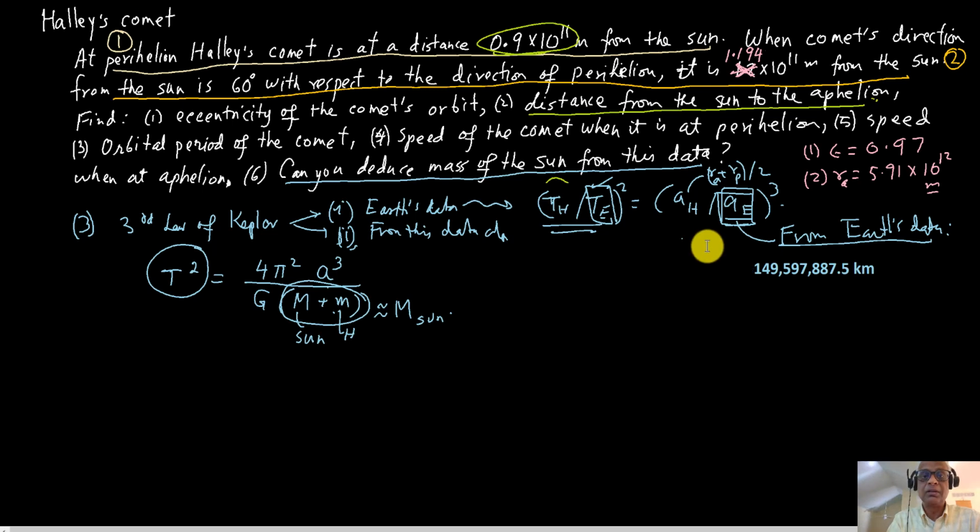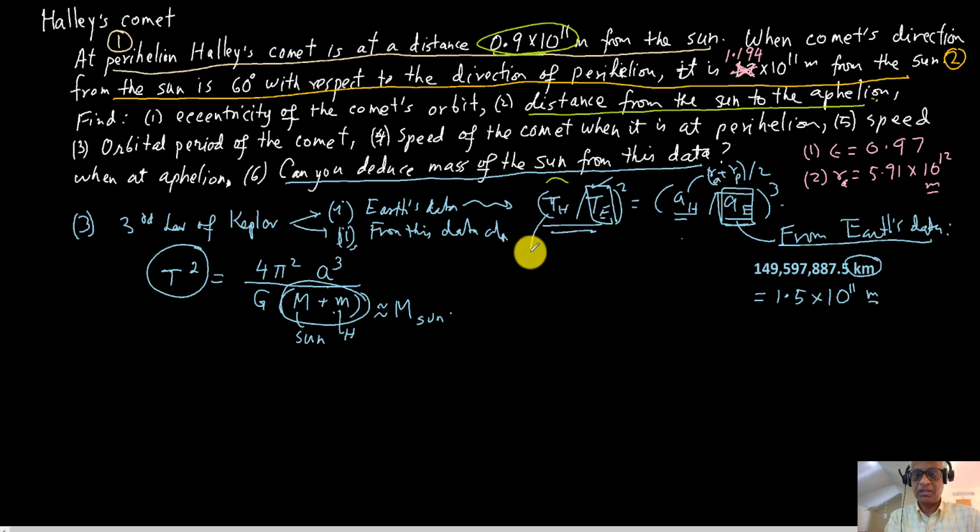We can use the data for this in meters, because everything is given in meters, and everything simplifies. Usually there are so many digits here, we can just say 1.5 times 10 to the power 11, so you can see the same kind of order, and we don't have to carry much.